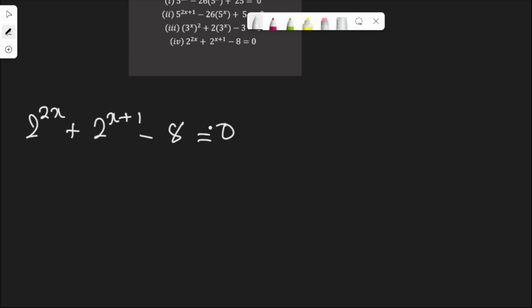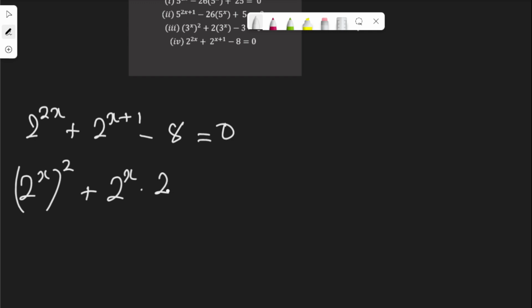This middle term here, you can split it up. I have 2 to the power of 2x, let me also work on that first term. The first term we can write as 2 to the power of x, to the power of 2, then plus this one, we can split it up as 2 to the power of x multiplied by 2 to the power of 1, minus 8 equal to 0.